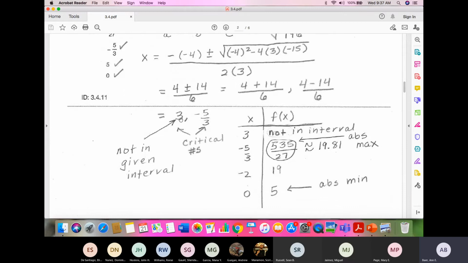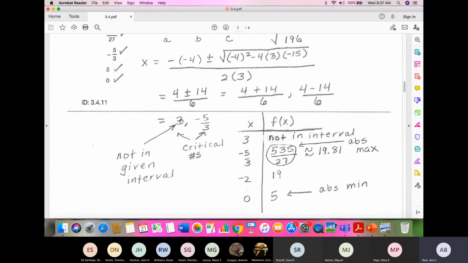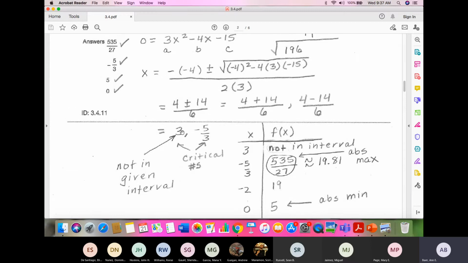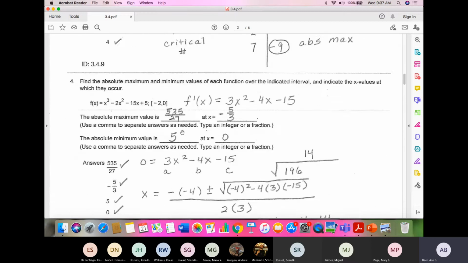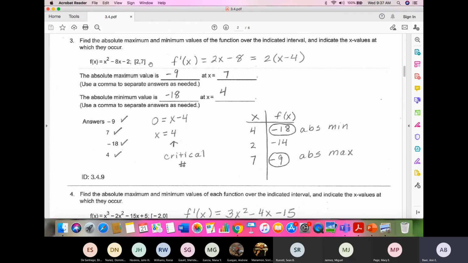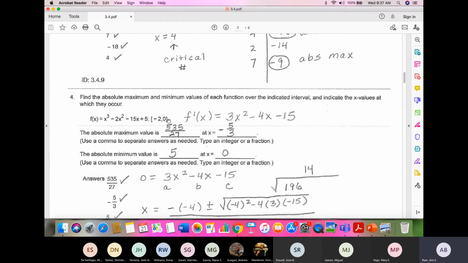We did note before, and you want to check at this point to see whether each critical number is in the interval. This 3 is not, because it's past the interval.